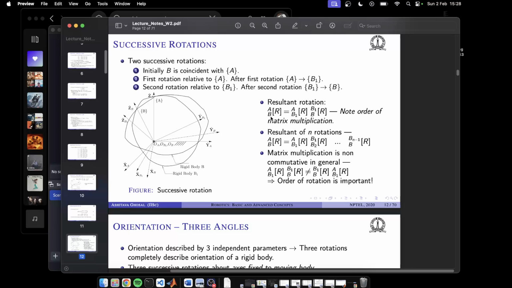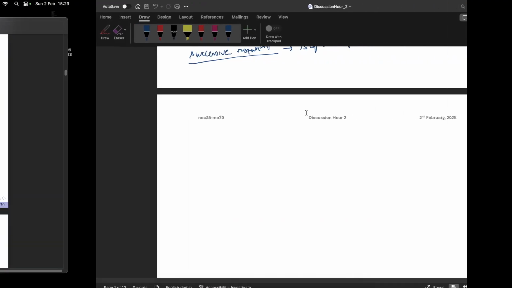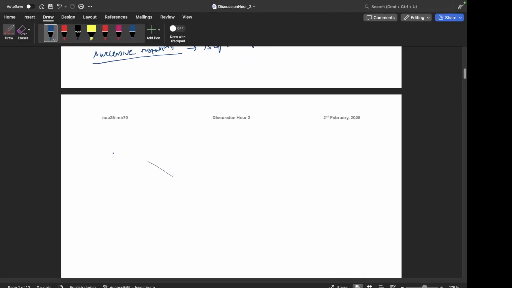So the rotation from B to A, or the description of frame B in frame A, can be written as the description of frame B in frame B1, and then the description of frame B1 in frame A, right? You can also understand it as that we are post-multiplying the rotation matrices. So I'll just write the same thing here.